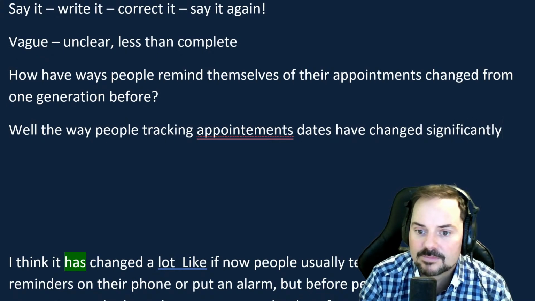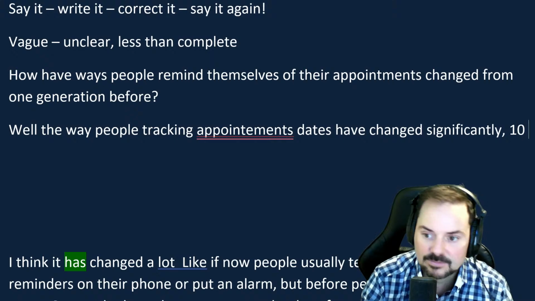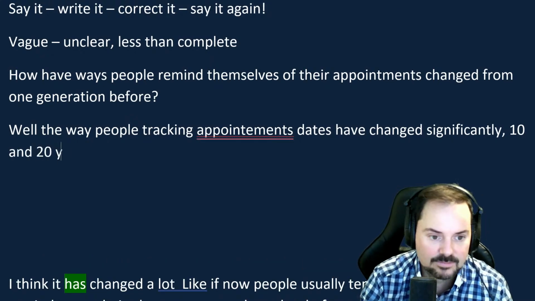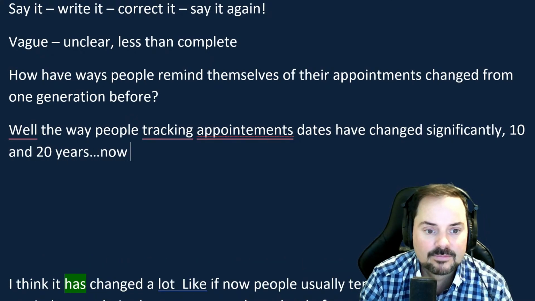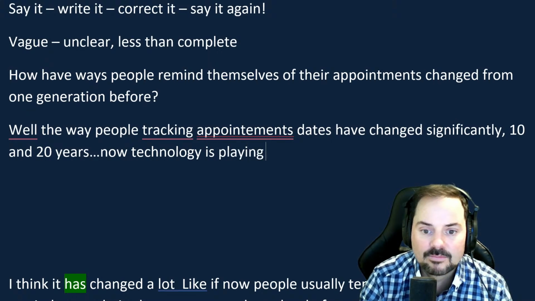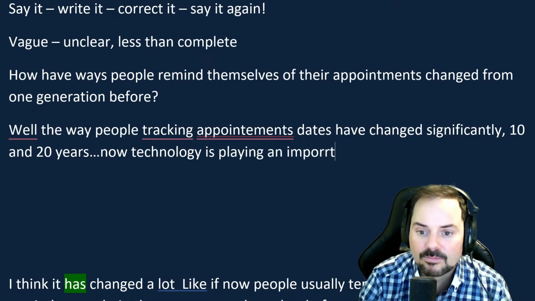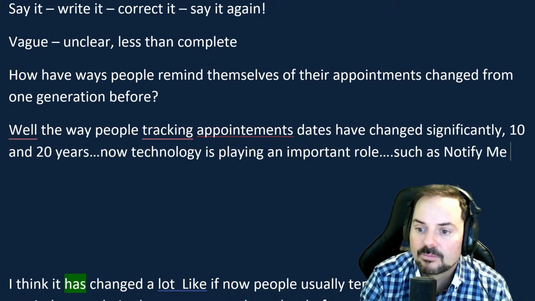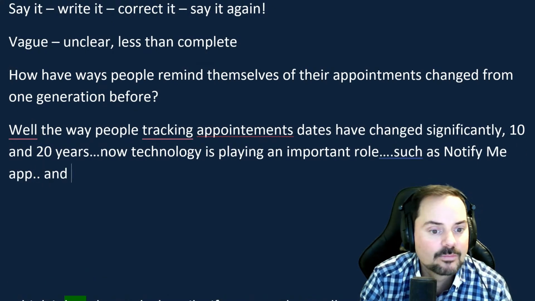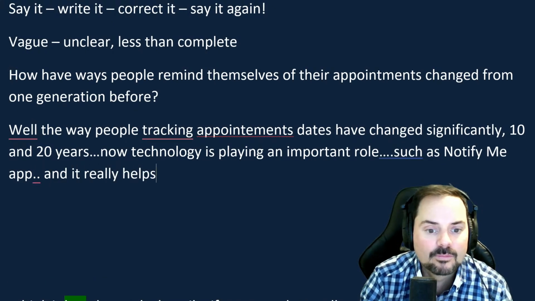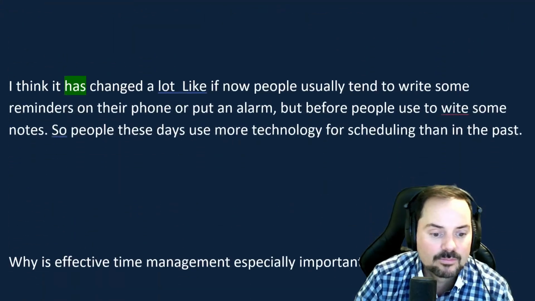However, these days, technology is playing an important role, especially with the use of mobile phones and software such as the Notify Me application, which I downloaded years ago from Google Store, and it really helps to remind me of important appointments.